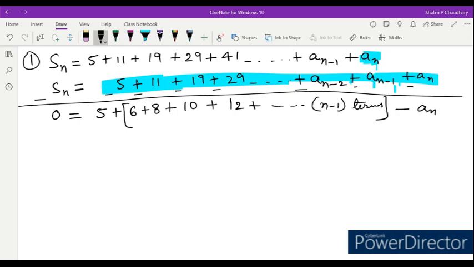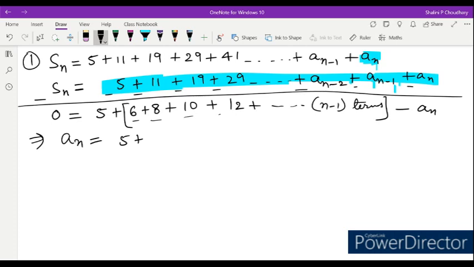So what will the value be now? We'll bring a n to this side. So 5 plus, these are the n minus 1 terms. Now we'll find the sum of n minus 1 terms of the AP, because you can see clearly the difference is 2.